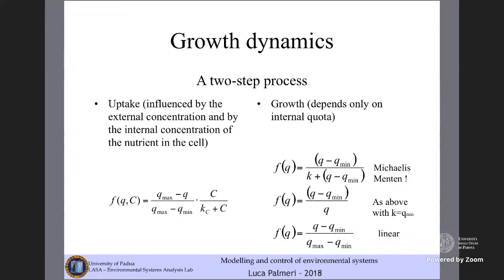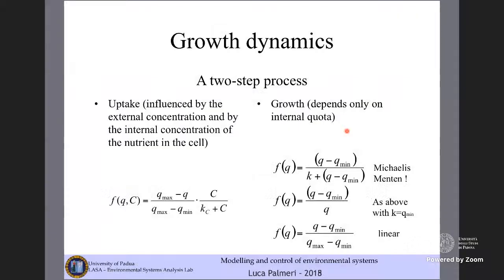The second step is the growth process, depending on the internal quota. In this case, if we indicate the internal concentration with a small q, and the external concentration in the water column with a capital C, then we may propose these three models that are typically employed when you want to describe these kinds of processes.